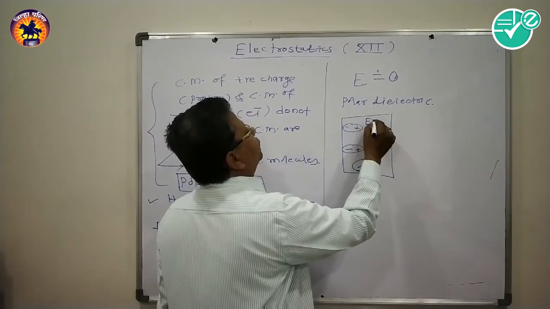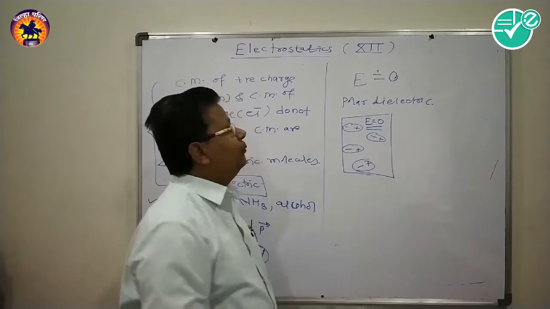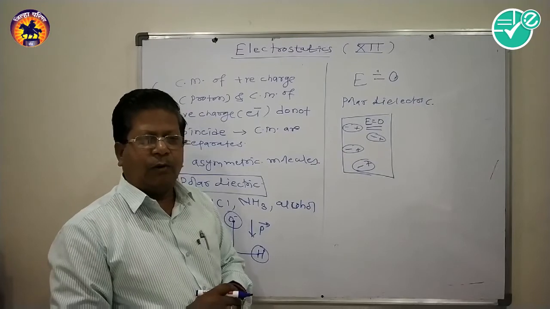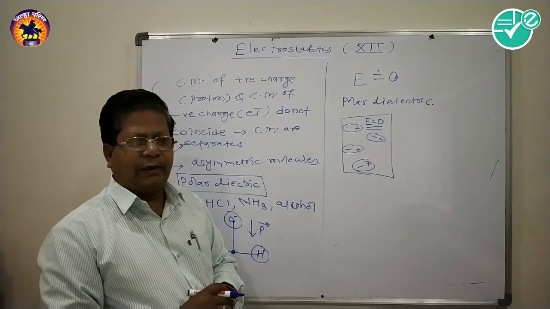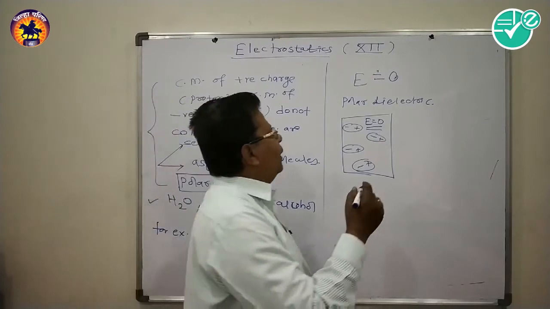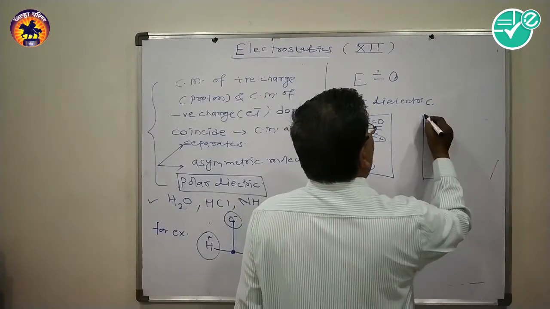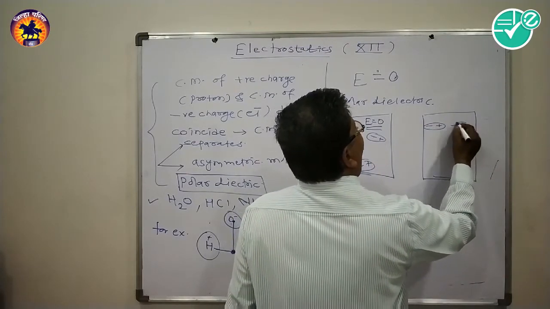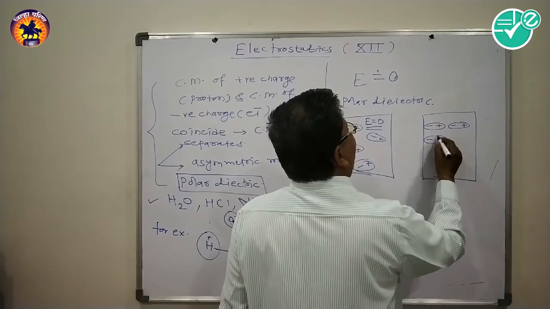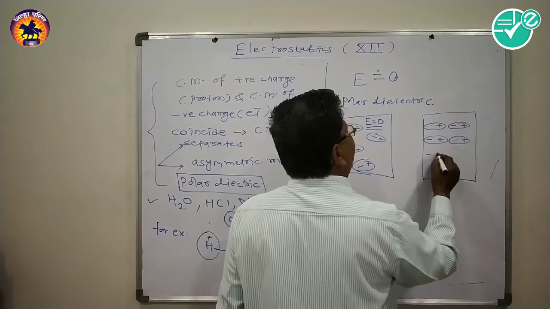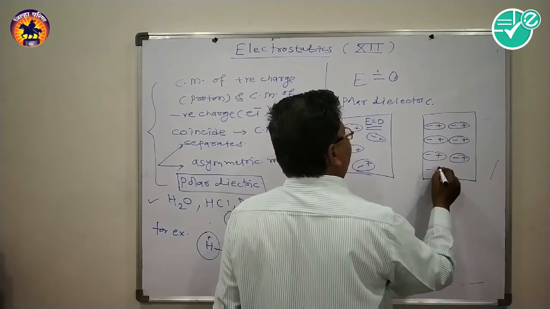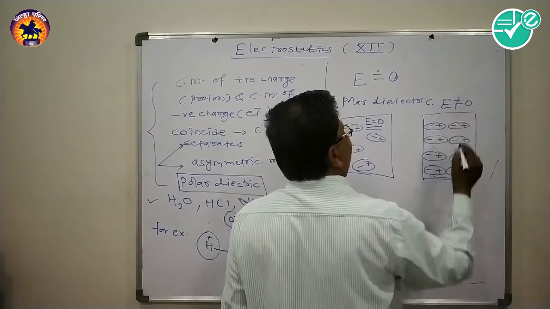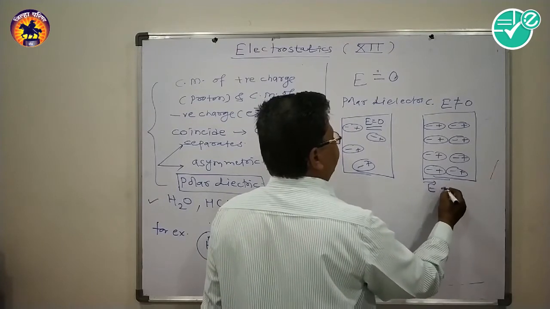And these electric dipoles are randomly oriented if no electric field is applied to the molecules of polar dielectric. If we apply electric field to this polar dielectric, then all the electric dipoles have net electric dipole moment in the presence of electric field. So here E is not equal to 0, that means E is applied.